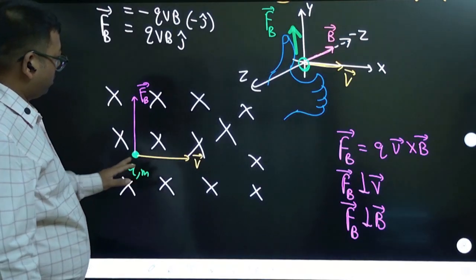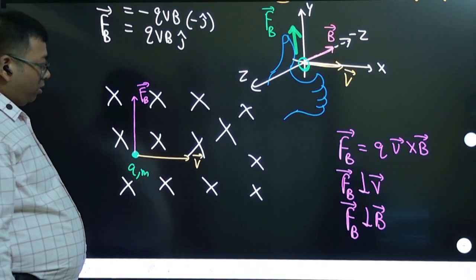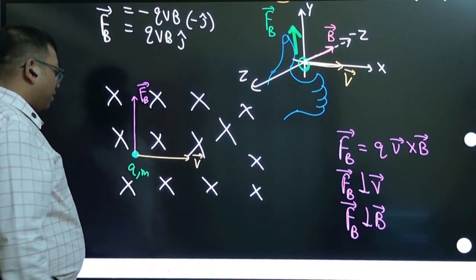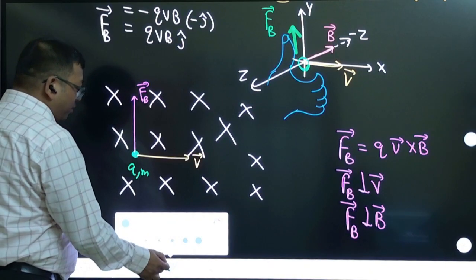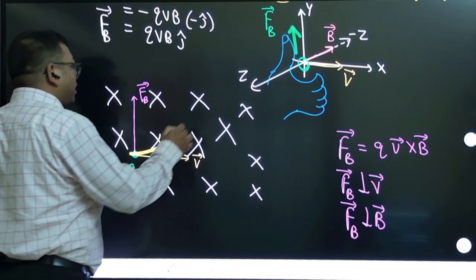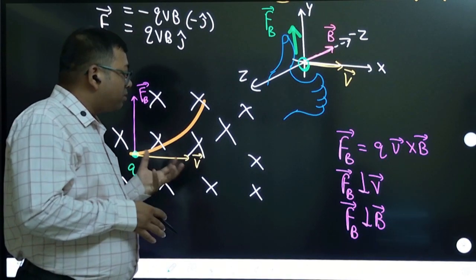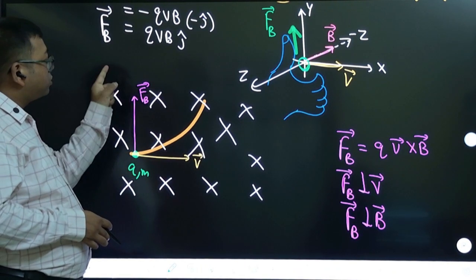So this magnetic force is perpendicular to the plane of the velocity vector and magnetic field vector. Suppose the charged particle moves in some path, because right now the charged particle is experiencing force like this.